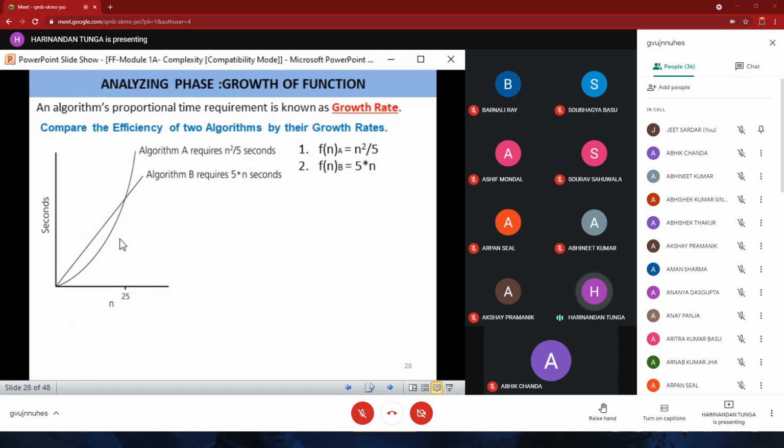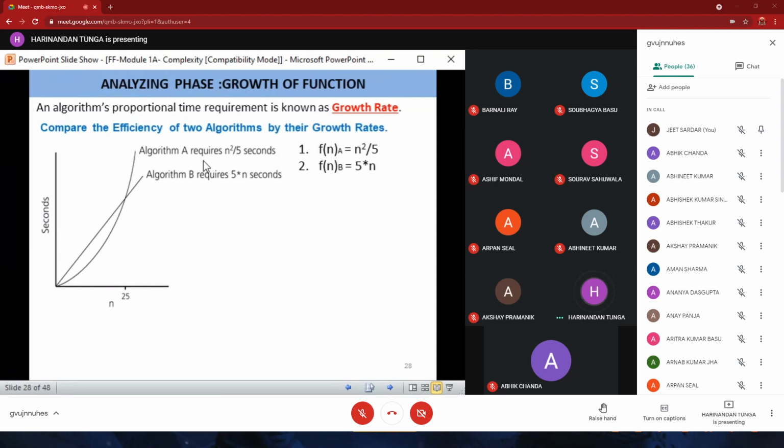So now, to compare which algorithm is more efficient, A more efficient than B, or B more efficient than A, look at the graph. A is parabolic and B is a straight line.